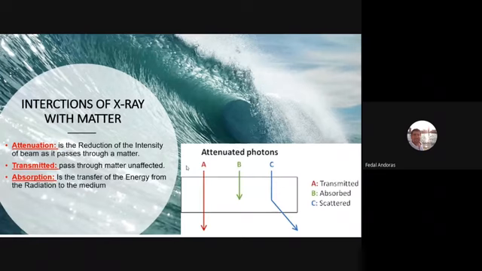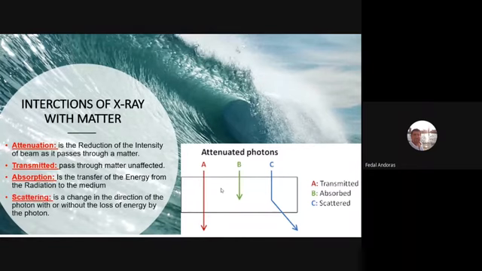Absorption here is the transfer of energy from the radiation to the medium. The whole energy from the source of the radiation will be absorbed in the medium. Again, in the human body or in any other matter. This is absorption.